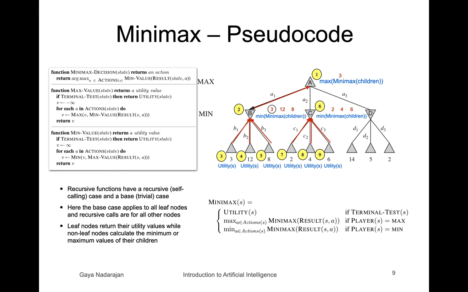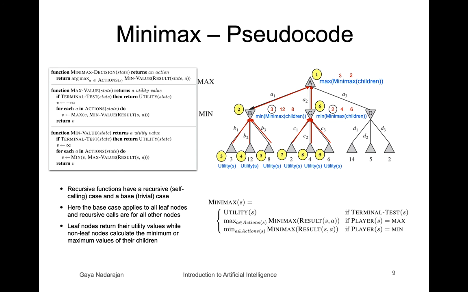So now, since C has no more children, it can evaluate the min function of its minimax, and the minimum of 2, 4, and 6 is 2. So it can now propagate that result back to A, and A gets the second value.